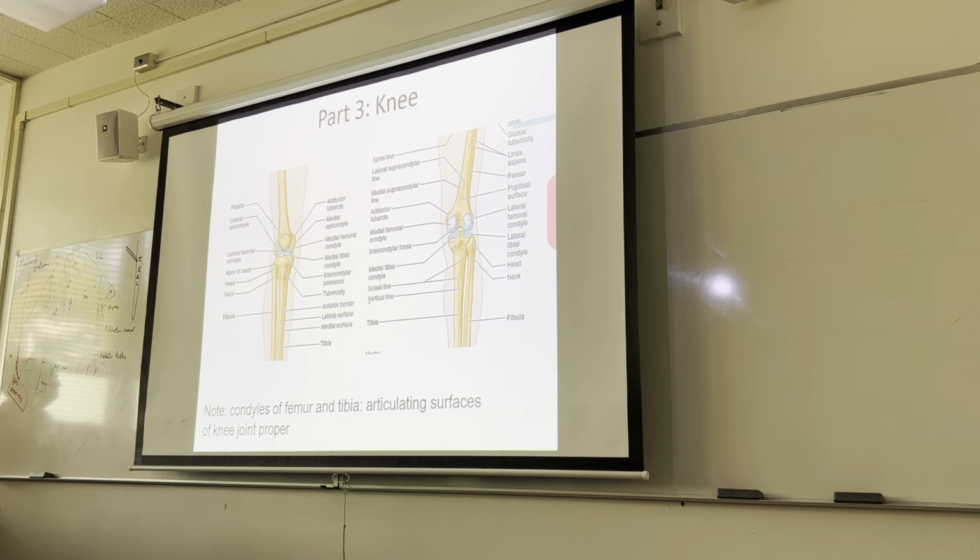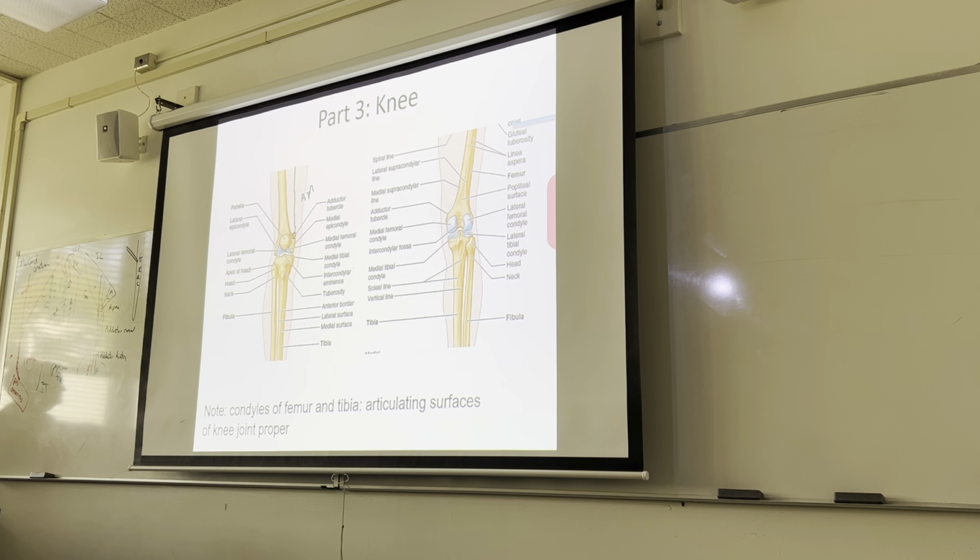Okay, let's talk. Question? Okay, let's talk about the knee. A lot of important osteology here. A lot of important connective tissue structure here, and yeah. So for example, here's that adductor tubercle for one part of adductor magnus.